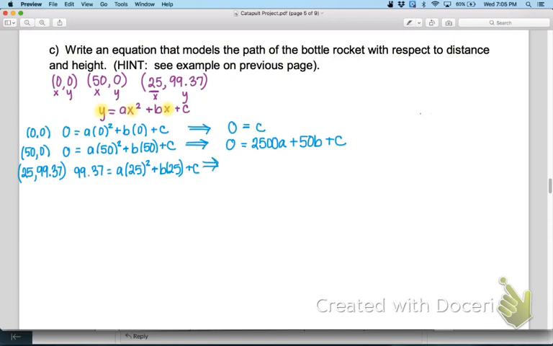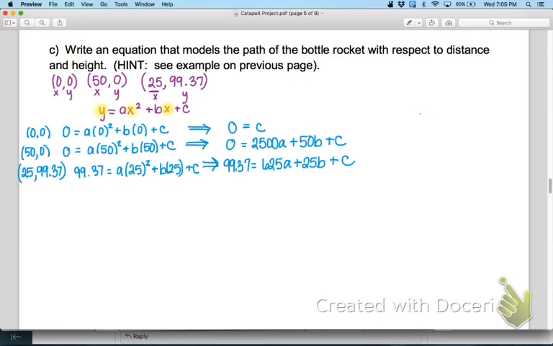And when we do all of that and simplify that down, we get the following equation, which is 99.37 equals 625a plus 25b plus c. Okay, so there's our system in 3 variables.